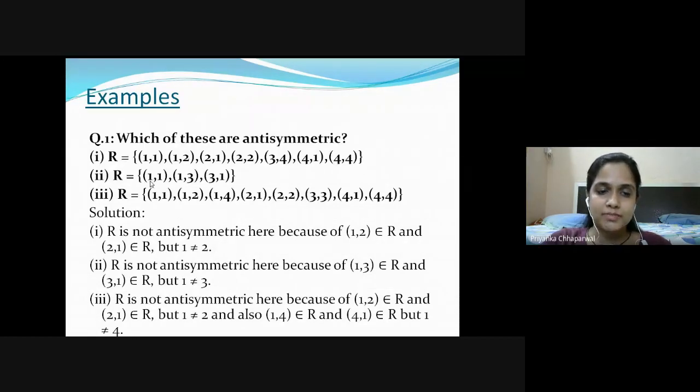In the second example, it is also not antisymmetric.